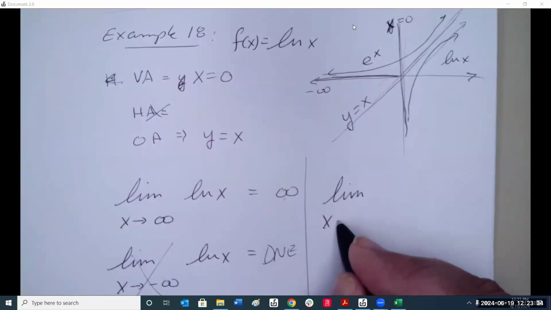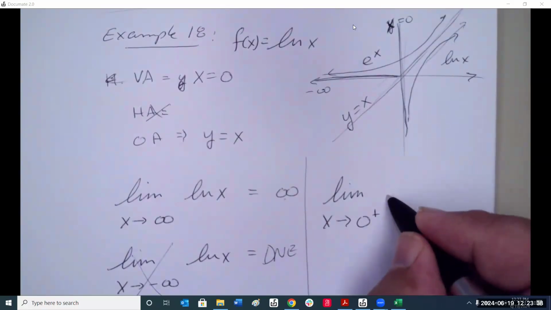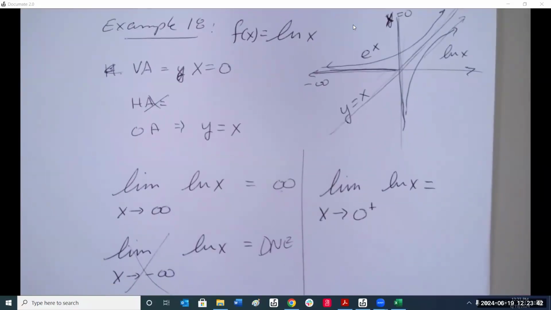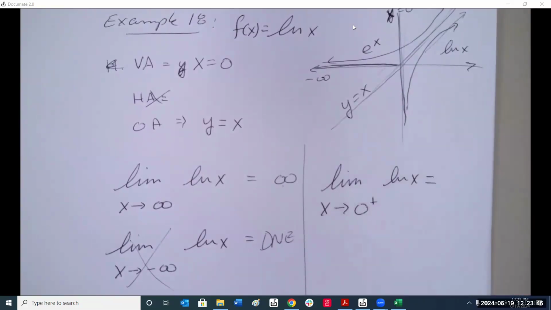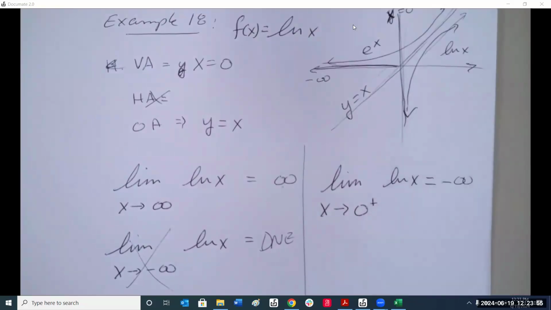How about the limit as x approaches 0 from the right? Because as we go to 0, now we're looking for a vertical asymptote. This one would be negative infinity because it keeps on going forever, ever down.